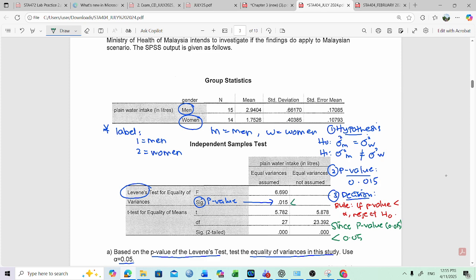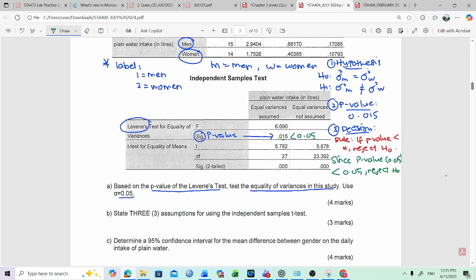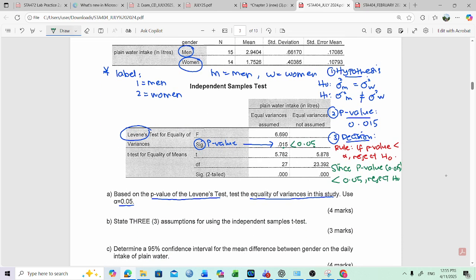This value is less than alpha 0.05. Am I right? 1 and 5. So less than. If it is less than, hence our decision is reject the null hypothesis. And then you go to the fourth step. The final step is conclusion.